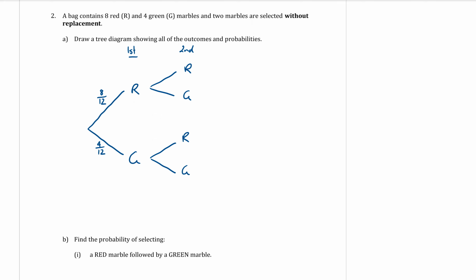If I choose a red marble first, I had 8 to begin with, there's only going to be 7 red marbles left. Out of no longer 12, there'll only be 11 marbles left in the bag. So there is 7 out of 11 red marbles left. But I didn't choose a green one, not on this branch. There's still 4 green out of 11 for this bottom one.